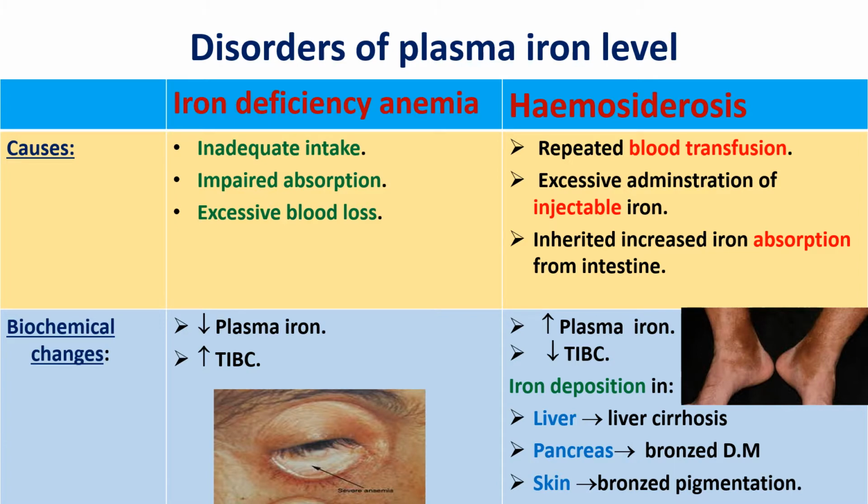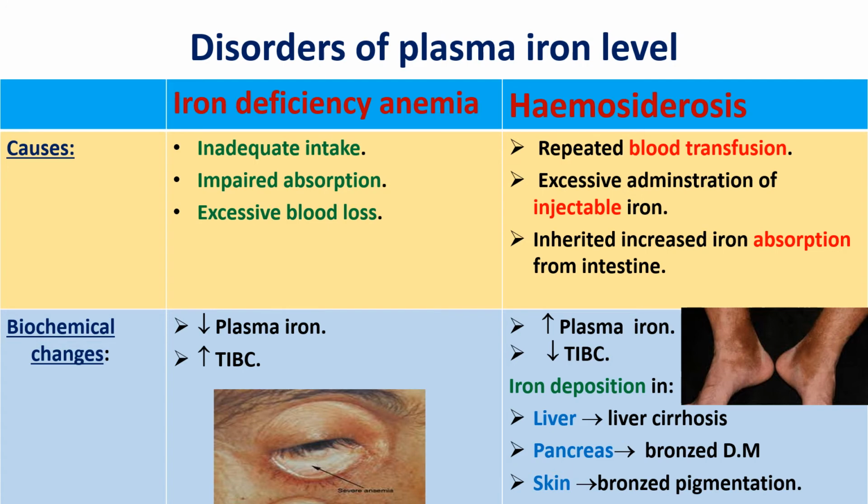Now moving to disorders of plasma iron level, there are two conditions: iron deficiency anemia, in which there is decreased iron, while increased iron is called hemosiderosis. Iron deficiency anemia is caused by either inadequate intake of iron or impaired absorption of iron.